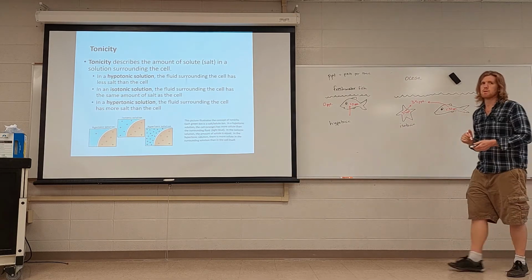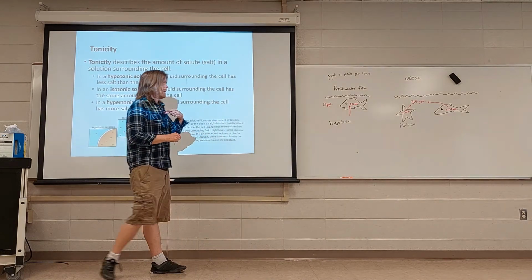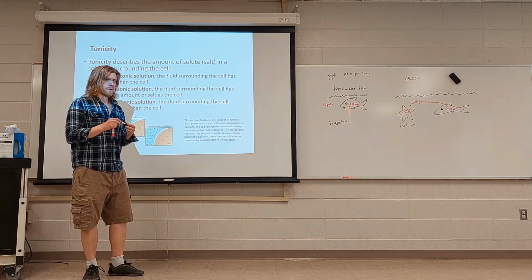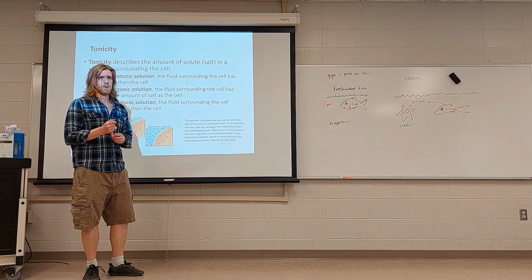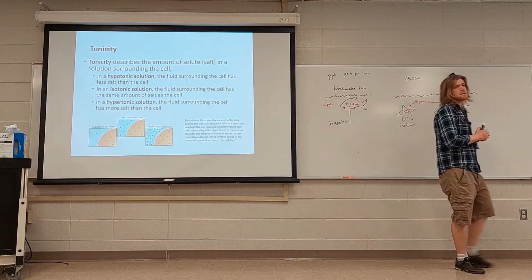So they have to drink seawater frequently, and then they have glands that help excrete the salt. But they have to drink seawater to replenish what they lose because of osmosis.